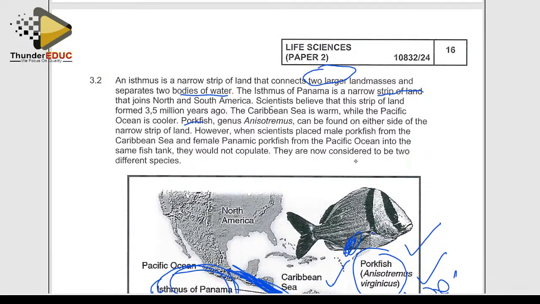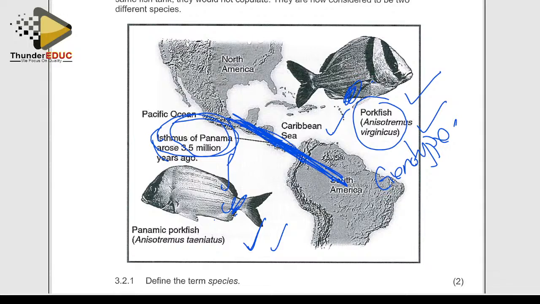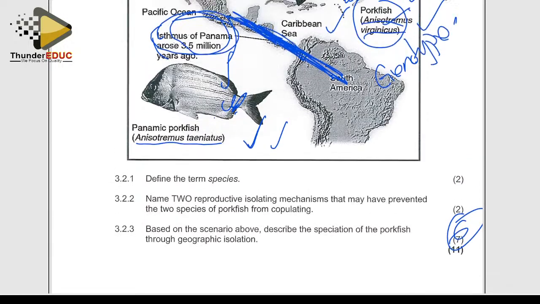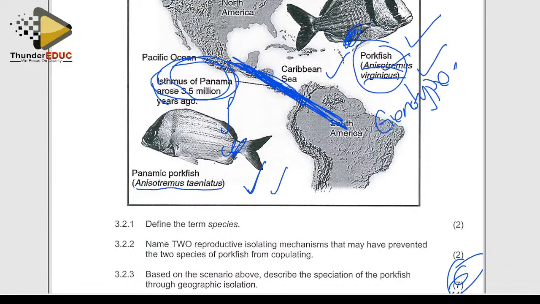They are now considered two different species of this porkfish. Then you can mention this name and this name. Sometimes those two names are a compulsory marker: if you have not written them, out of 7 you're going to get 6, because they wanted to see the new species which were formed.